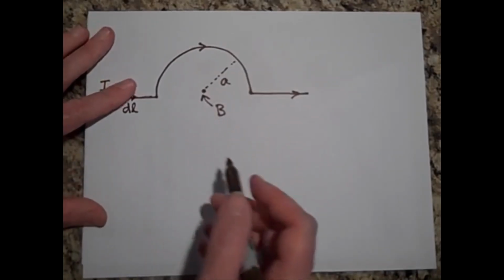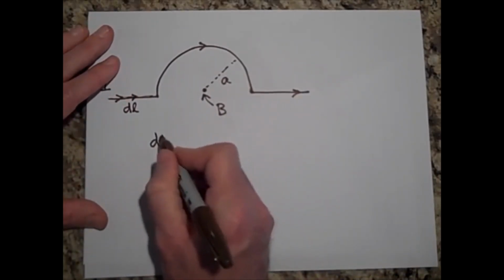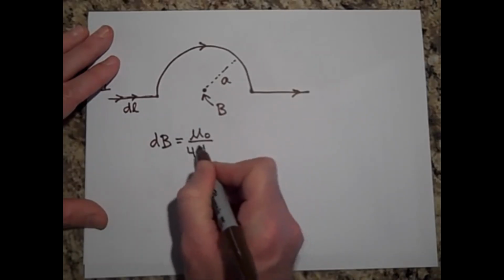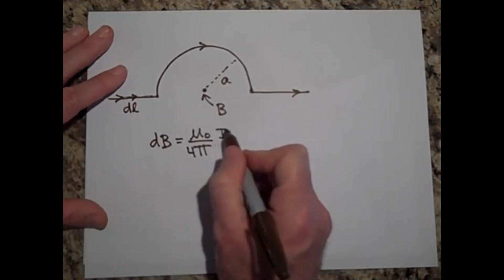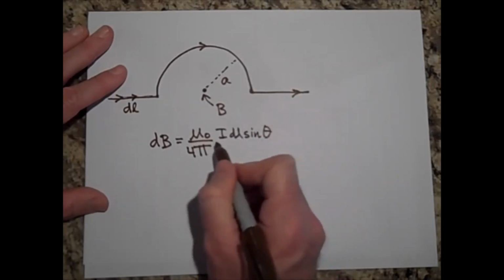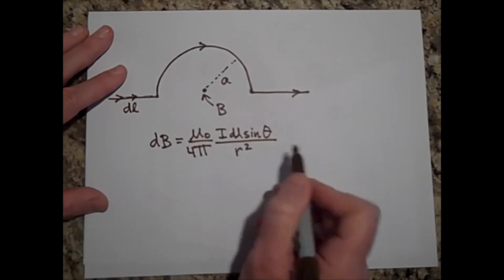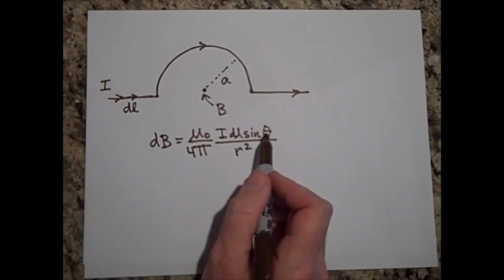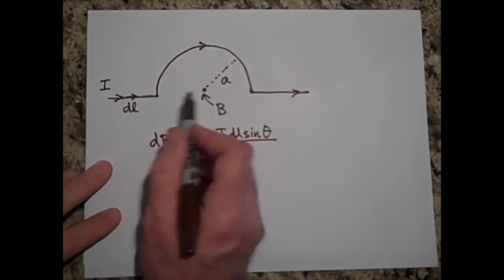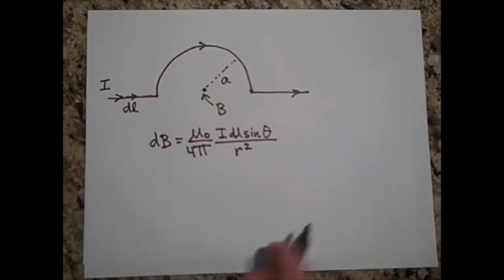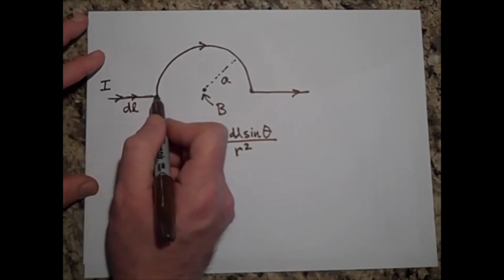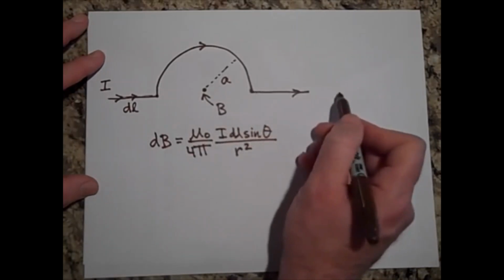And so when you use this equation, I dL sine of theta all over r squared, the angle theta is the angle between dL and r, and so that's going to be 0 degrees, and the sine of 0 degrees is 0. So there is no magnetic field from this part of the wire or this part of the wire.